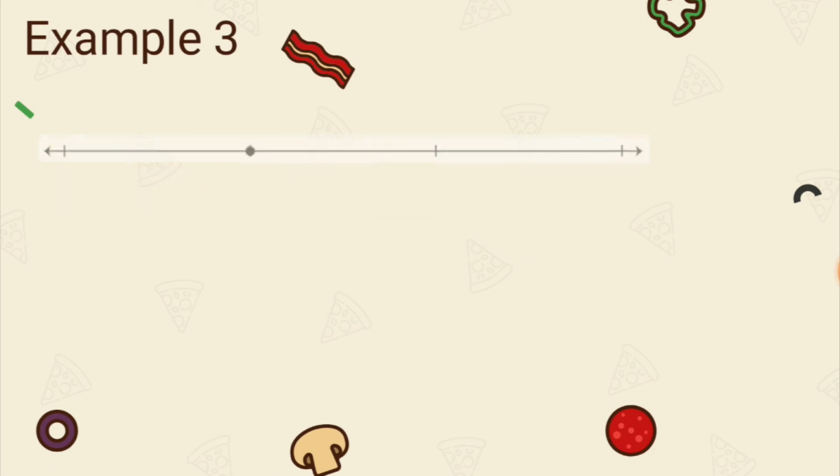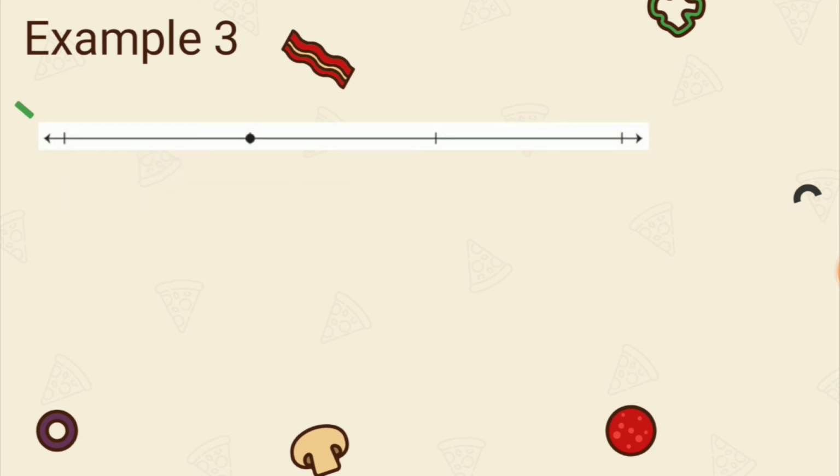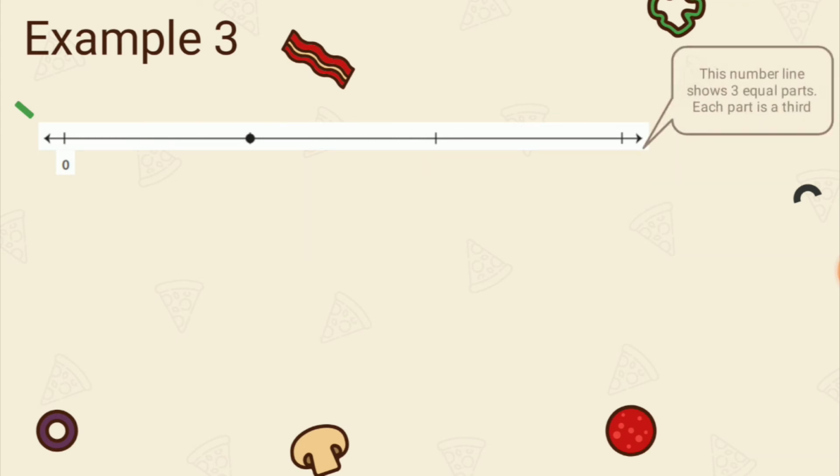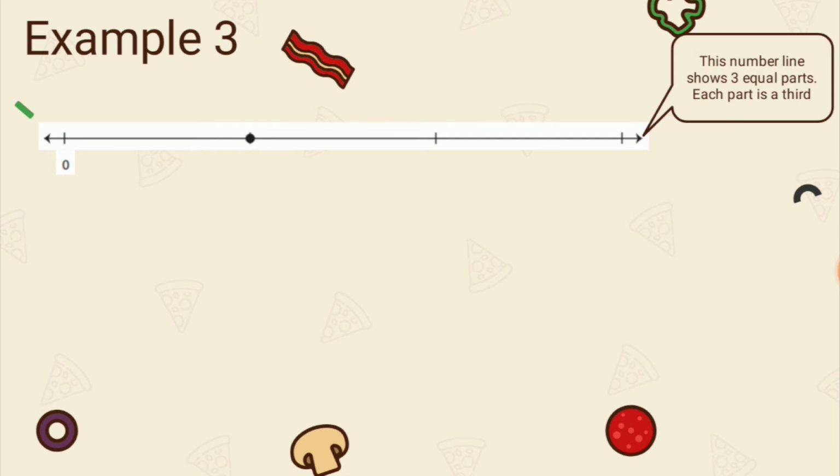Example 3. Look at this number line. There are 3 dots after 0. The number line shows 3 equal parts, so each part is a third.